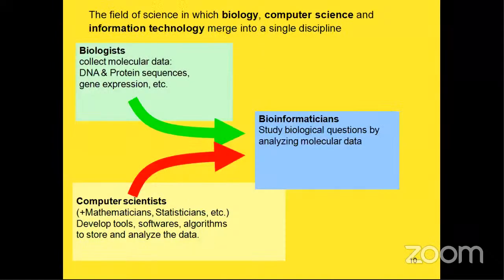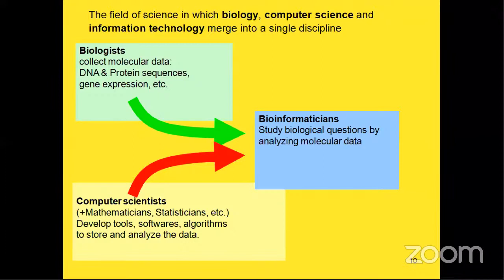So what the biologists do is they collect the data, like DNA or protein sequences, RNA sequences, gene expression data, and so on. Computer scientists, which include mathematicians, statisticians, software developers, and programmers, gather the data, create the databases, and use the tools to analyze the data.